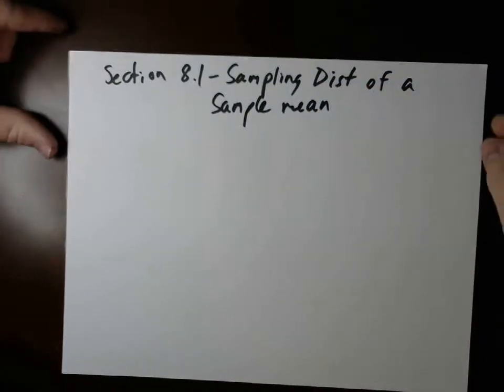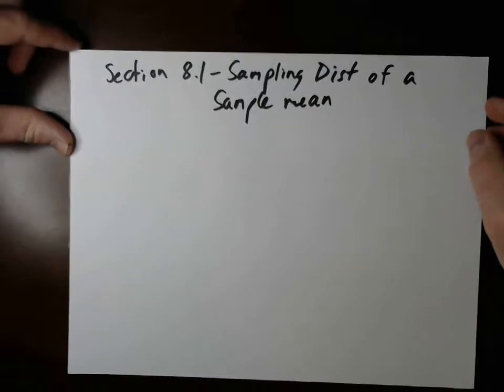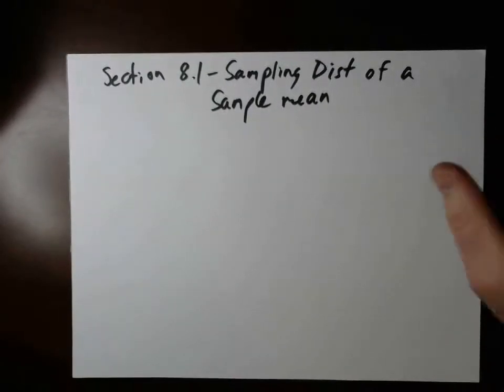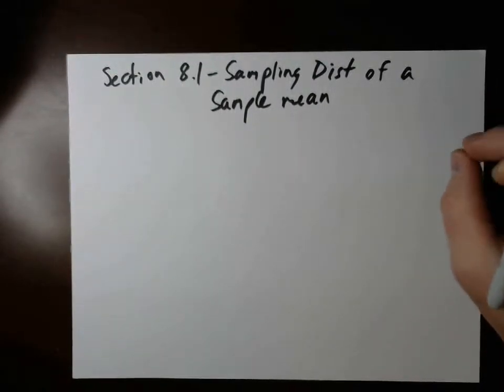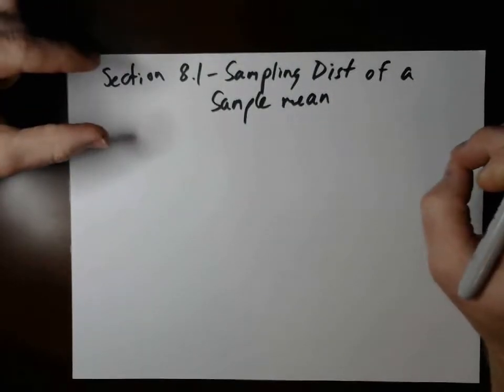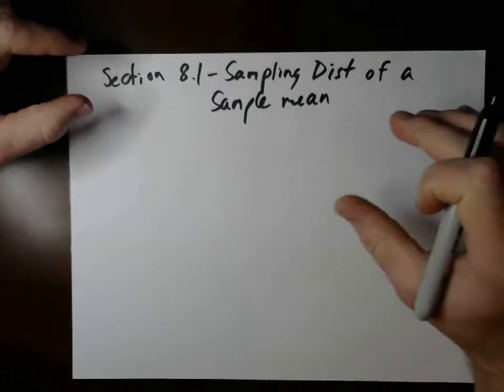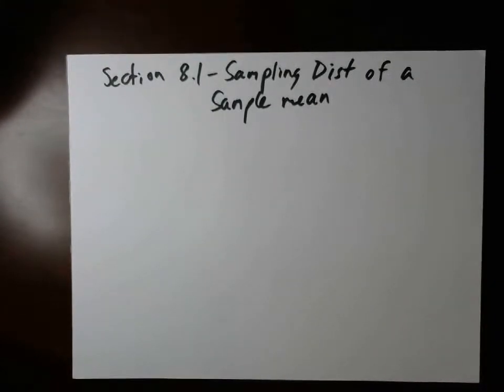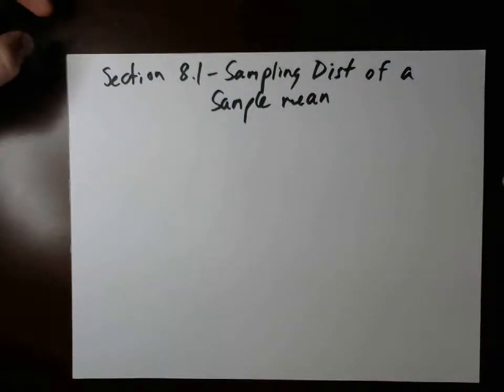When we talk about a sampling distribution of a sample mean, that means every single value in the distribution is an x bar, because that would be a sample mean.